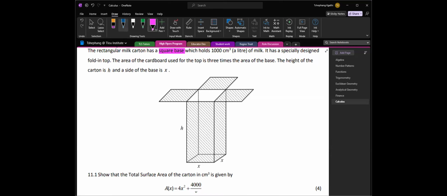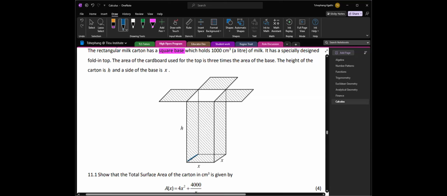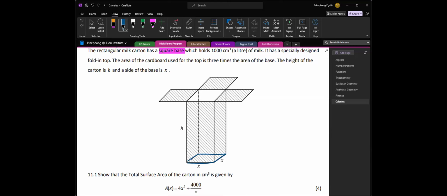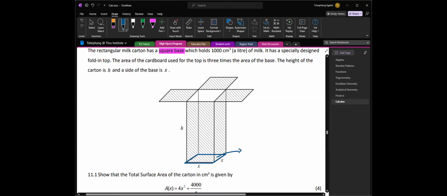The square base. Let's try to find that area. So the area of that is x squared because it's length times breadth.